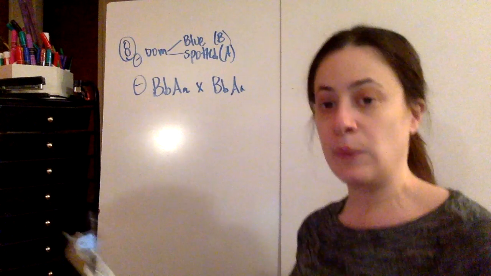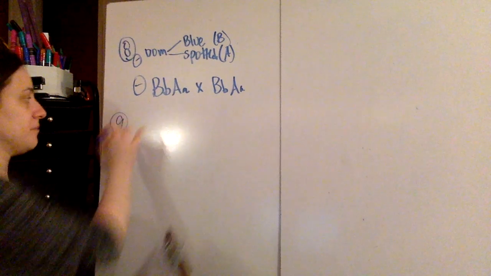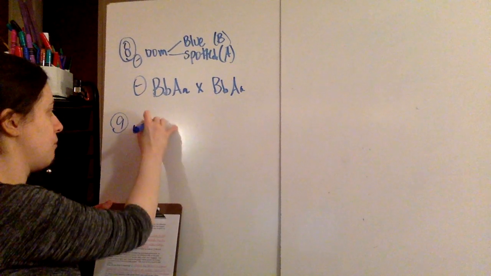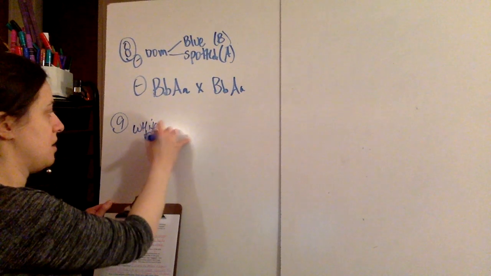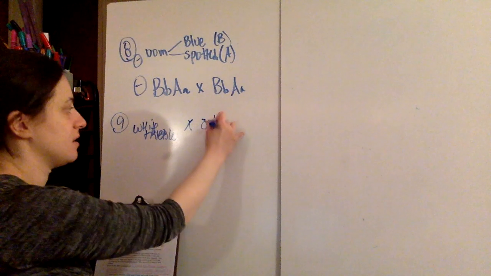So, we cross two parents. Going to number 9, what we see being crossed here is a white tribble with a solid red.